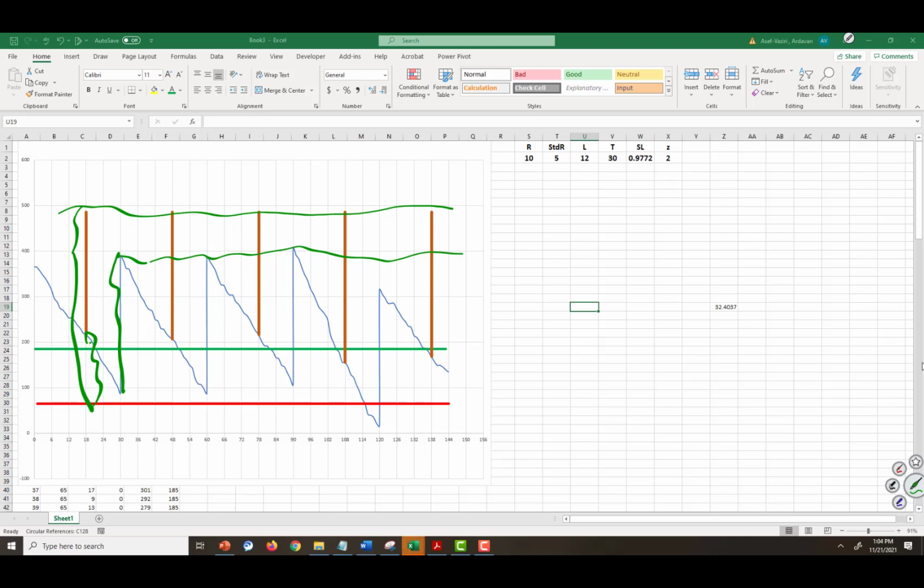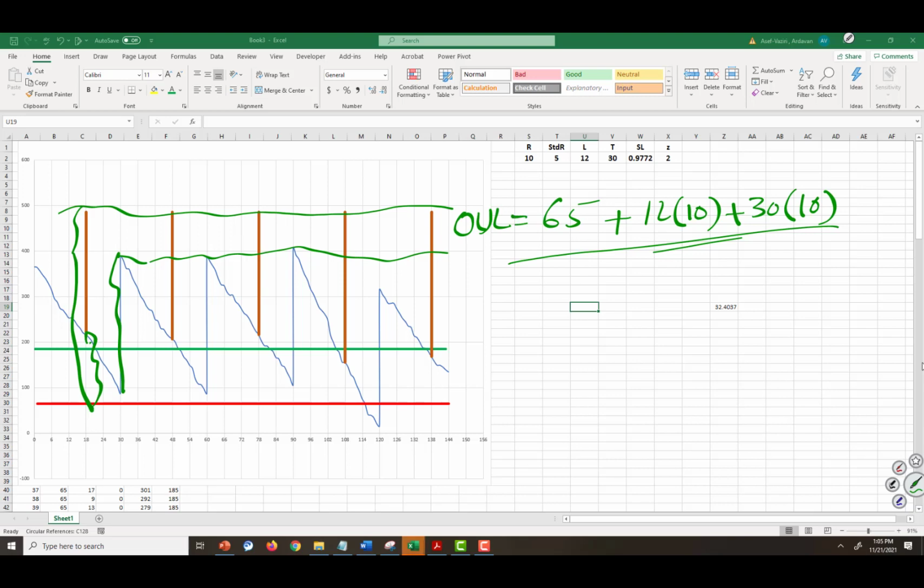So this value of 65, which was safety stock, plus 12 times 10, which was average demand during lead time, plus 30 times 10, I will never reach this level. They call it order up to level.